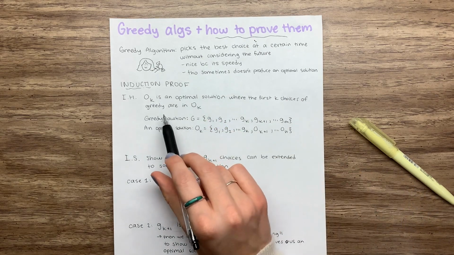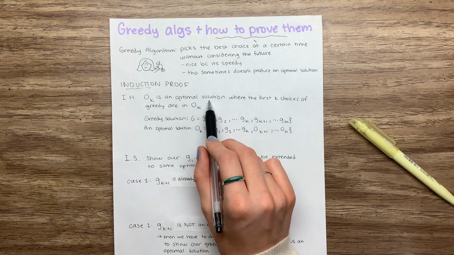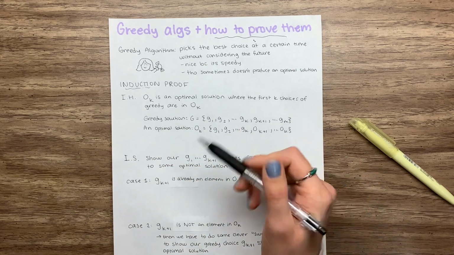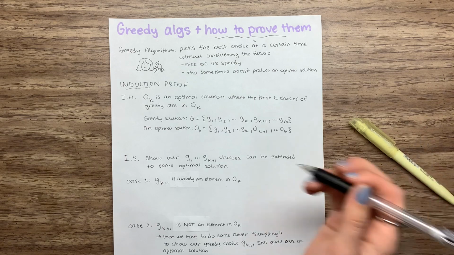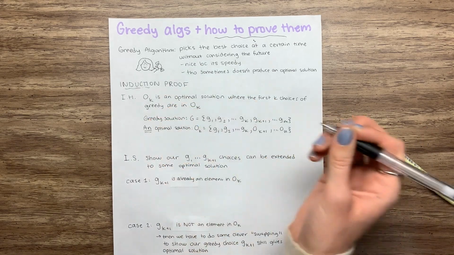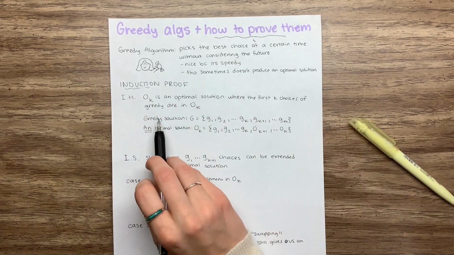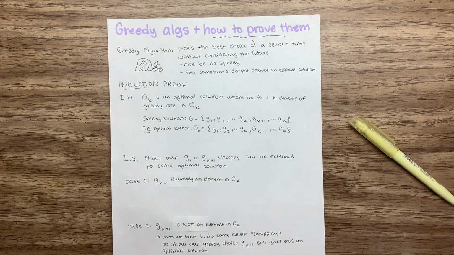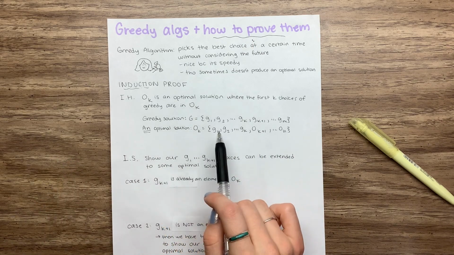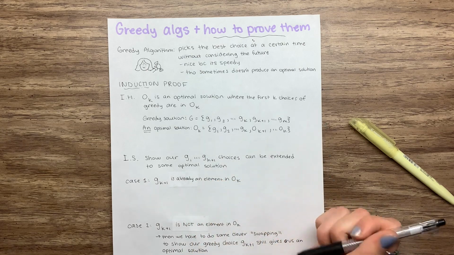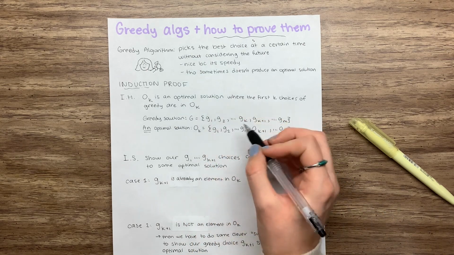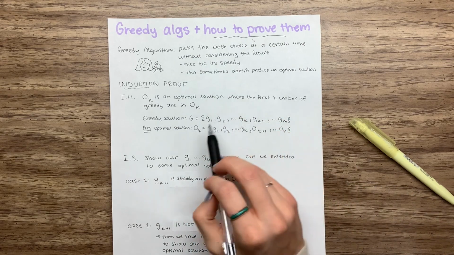A really common misconception is to think that there's only one optimal solution. A lot of times there can be multiple optimal solutions, but we're only considering one specific instance. The best way to think about this is as a set. Our greedy will pick a set of choices, like on day 1 I'm going to do something, on day 2 I'm going to do something.